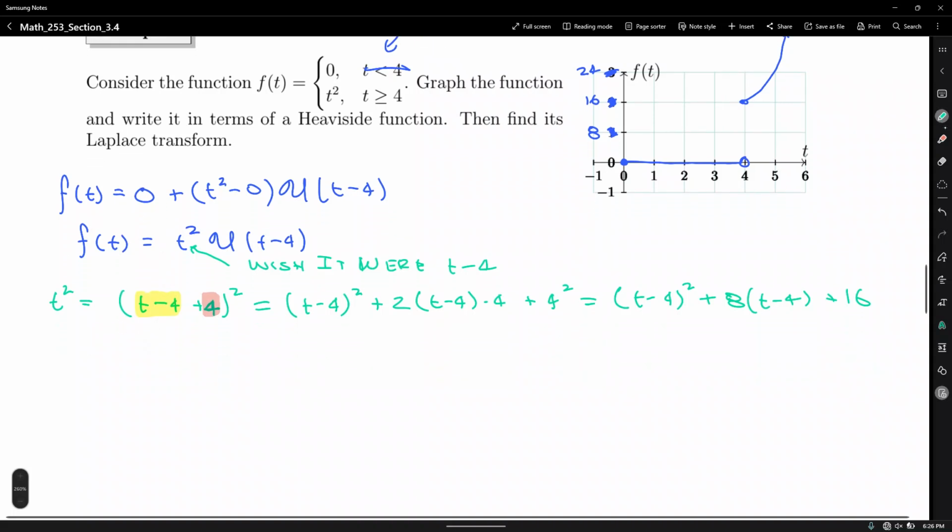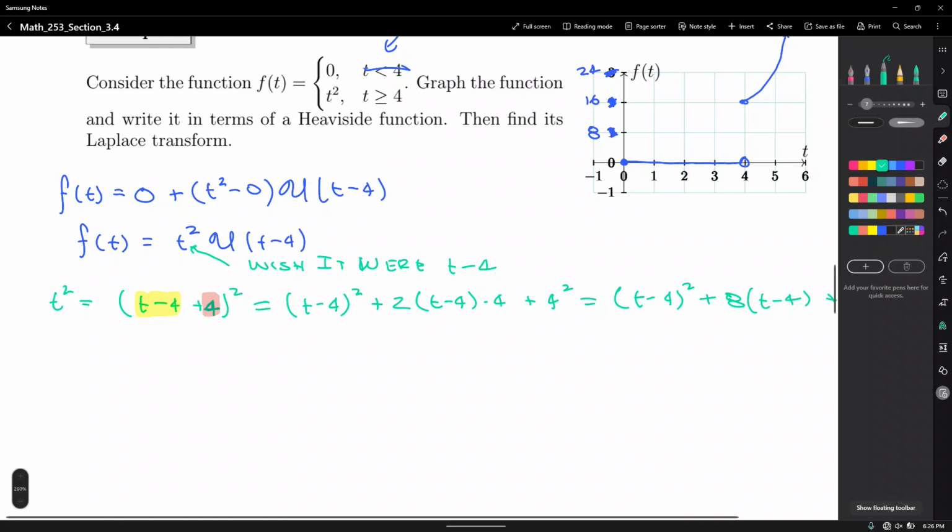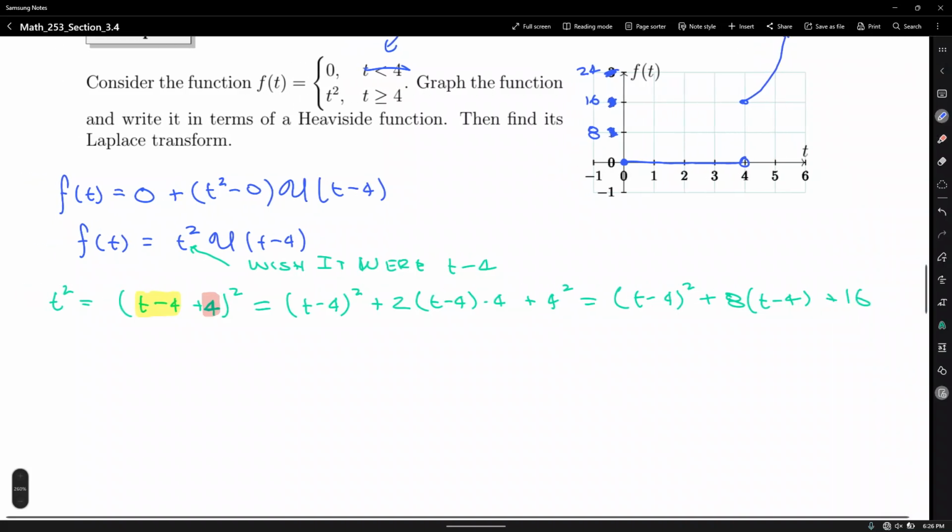Okay. So, let me go back to blue. So f of t equals bracket, t minus 4 quantity squared plus 8 times t minus 4 plus 16, bracket.